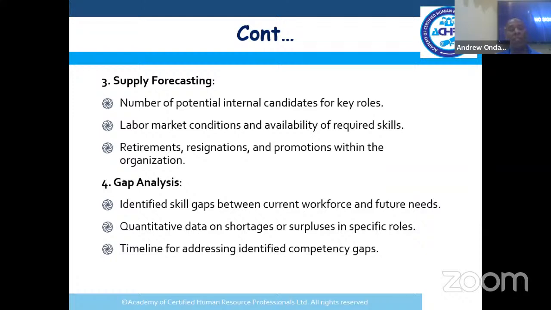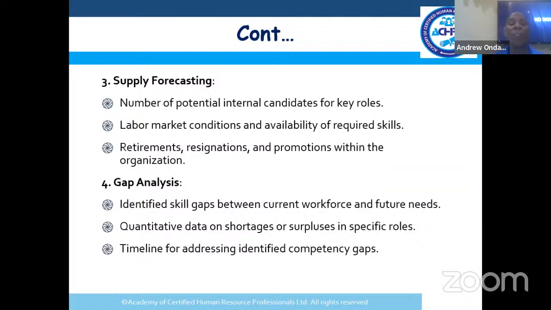I have indicated potential internal candidates because it's not possible to determine potential external candidates unless you have the figures which you have obtained from data organizations which they can sell to you, or you have conducted a survey to know the numbers of people in the market outside.